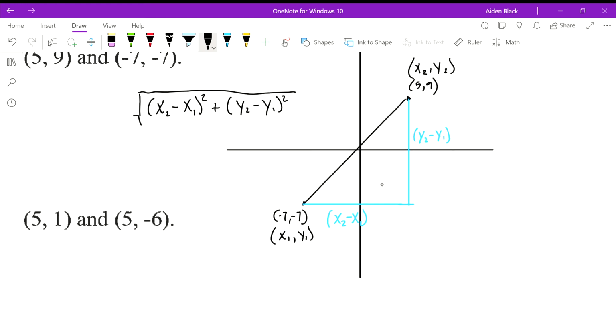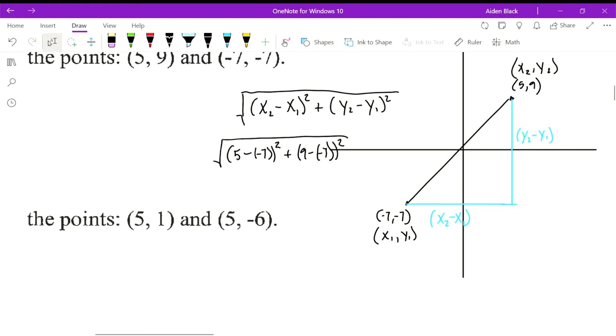So we have square root 5 minus -7. We're squaring that, and we're adding, that's our y2, 9 minus -7, right? Because -7 is our y1.